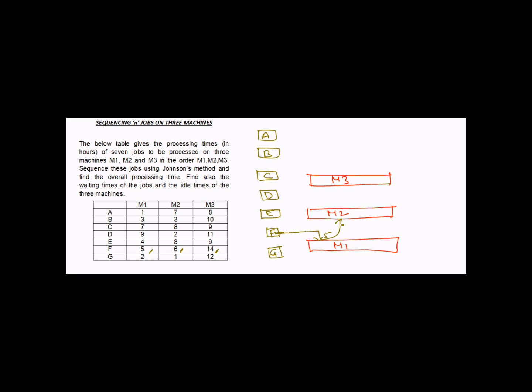Then it has to be processed on machine M2, which will take 6 hours. And then it has to be processed on machine M3, which will take 14 hours. So given this information, we are being asked to find out which job should be processed first and so on, so that the overall processing time can be minimized.